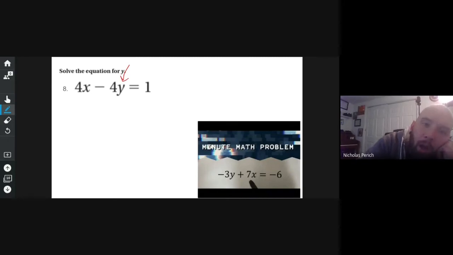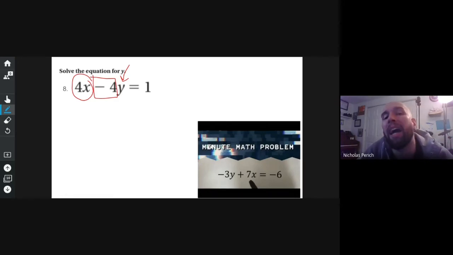Is y all by itself? There's my y. No. I have 4x in the way, and I have -4 being multiplied to y. So y is not even close to being all by itself. Always get rid of the thing that's floating around first.